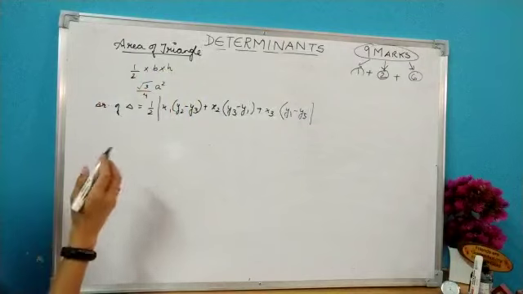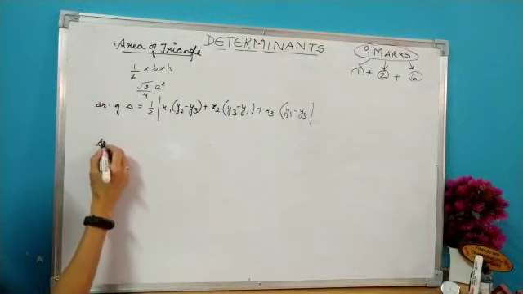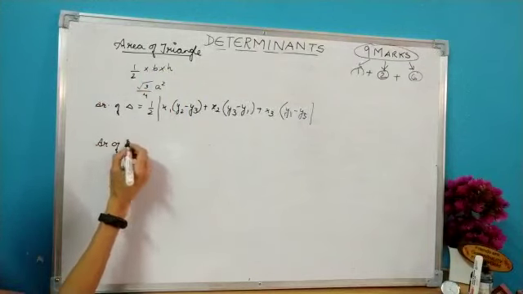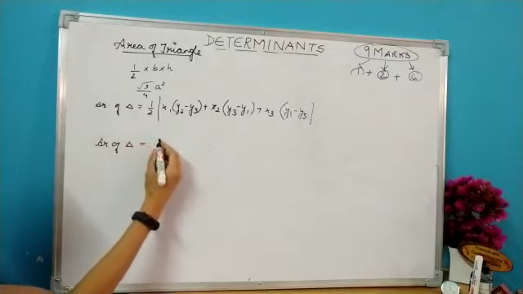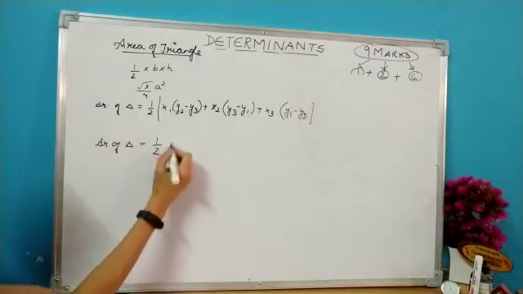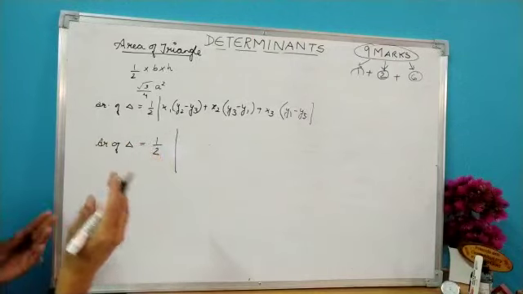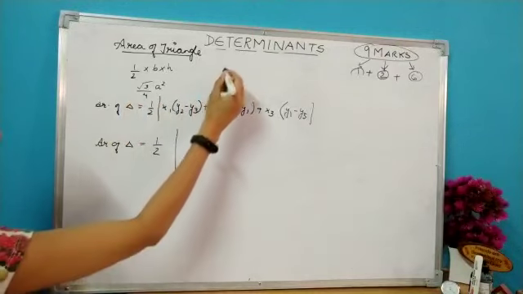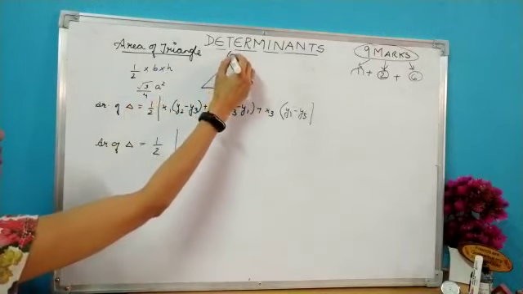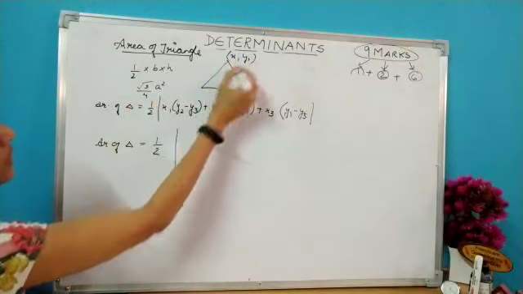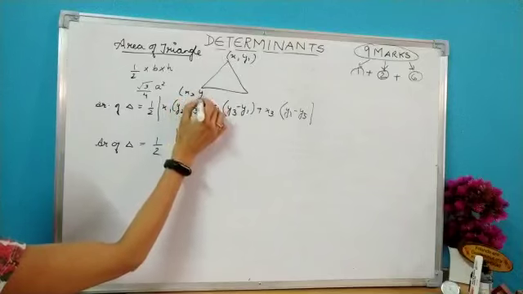See children, you can find the area of a triangle using a determinant, as this will be written as half, and you see, whenever the area of a triangle is to be calculated, you will always be given its 3 vertices.